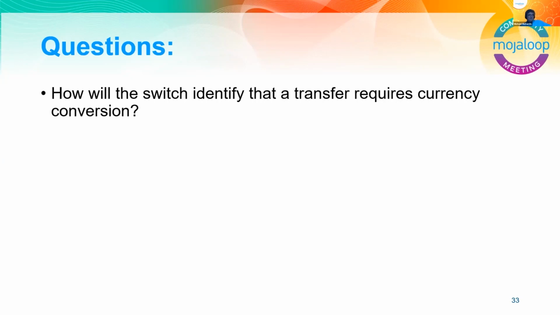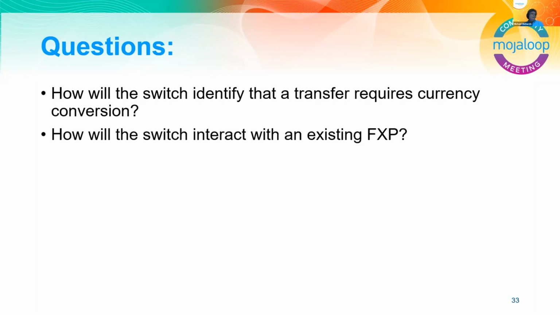So the payer DFSP would then know immediately that the transfer required currency conversion if it did. However, we're now saying we don't want the DFSPs to do anything different from what they do now. So the question is, how will the switch find out, since that information will not be available, at least not available in that form?